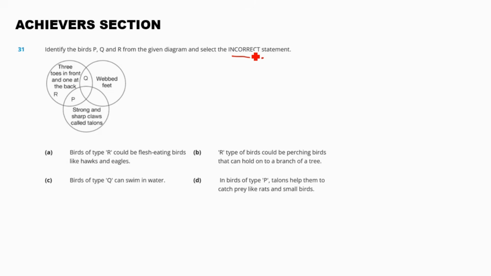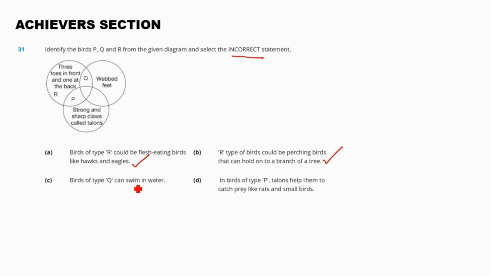So first statement says birds of type R could be flesh-eating bird like hawks and eagles. Correct. This is the correct statement. Option B says R type of birds could be perching birds that can hold onto a branch of a tree. Yes, this is also correct.